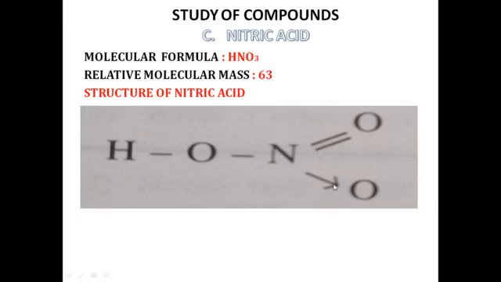For this coordinate bond, nitrogen has shared a lone pair of electrons. Here nitrogen is the donor and oxygen is the receiver. So this is the structure of nitric acid.